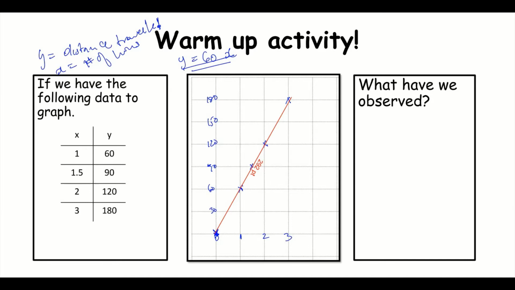Now, what have we observed from this graph? We have observed that as the x value increases, the y value also increases. So we can say that the more hours we drive, the farther we'll go. The more hours we spend on the road, the more distance we'll cover.